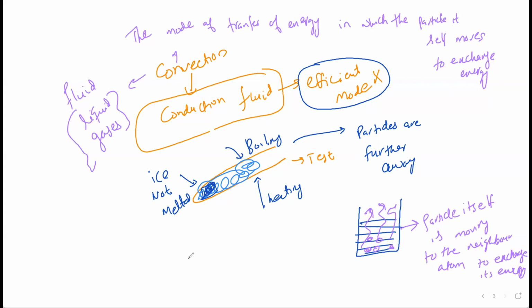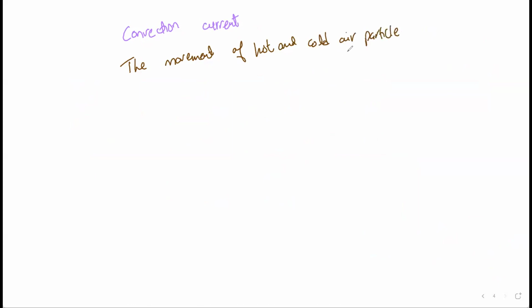Then we discussed another experiment in which we discussed the convection current. How did we define convection current? The movement of hot and cold air particles, or just particles. Current is defined as the movement of particles, and convection is as the energy is being transferred.